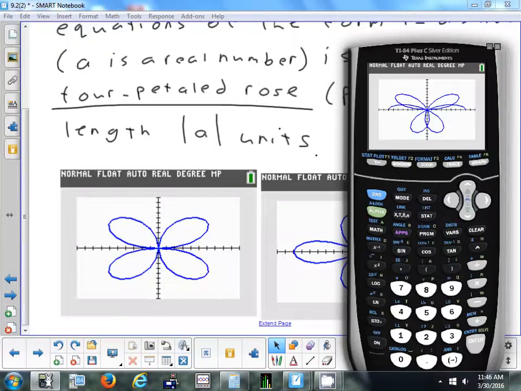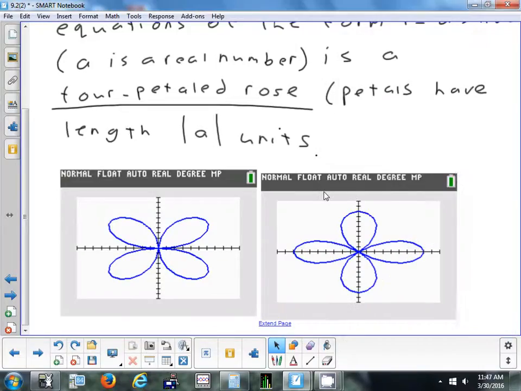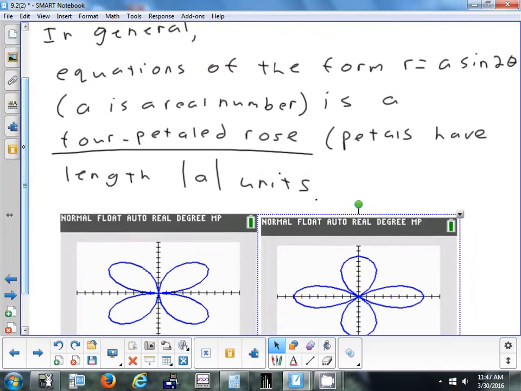Here you got half and half a petal, but still a lot of symmetry there. You can play with it and get all kinds of different graphs. Okay, any questions on how to explain how many petals you get or how long the petals are?